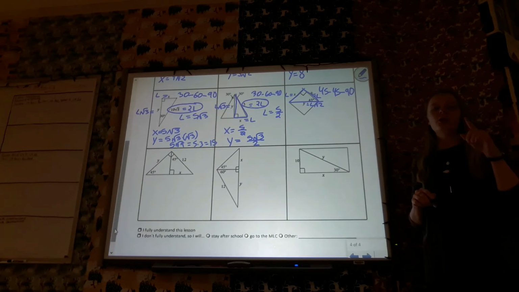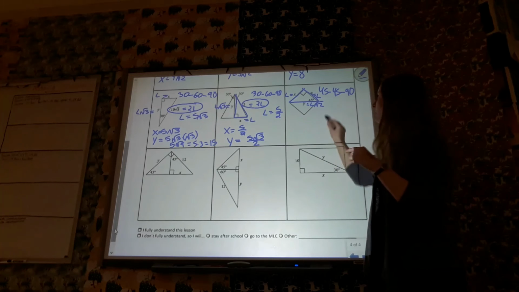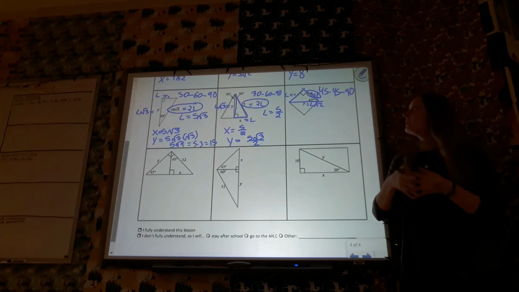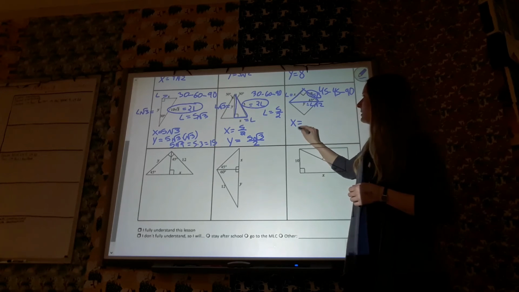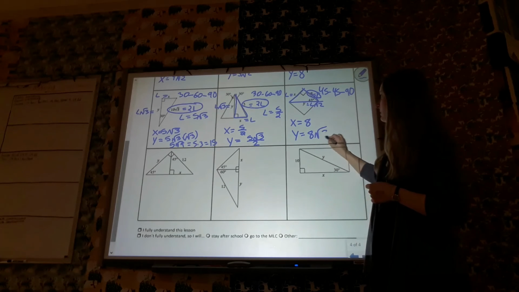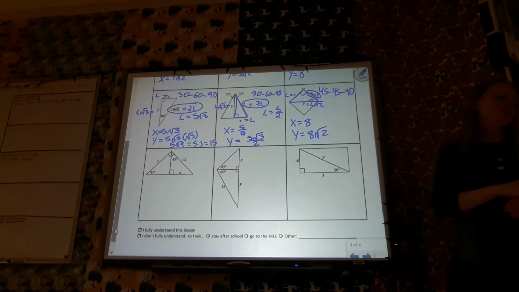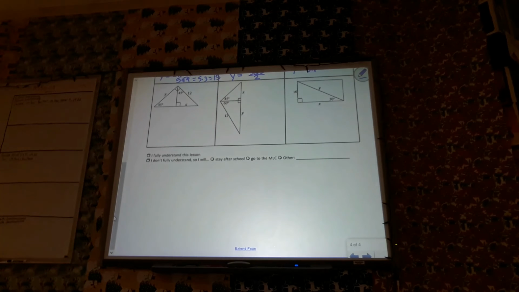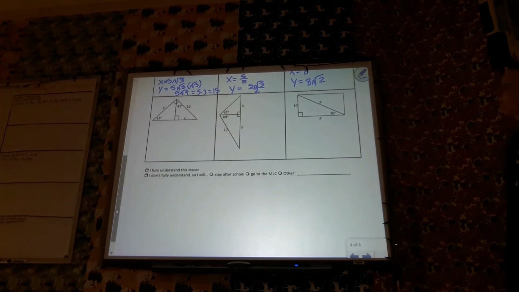Okay, so which one would I circle? 8. Okay, so I know what L is up front. I don't have to do any extra solving. L is 8. So x is 8, and y is 8 root 2. Great, last row. That was it.